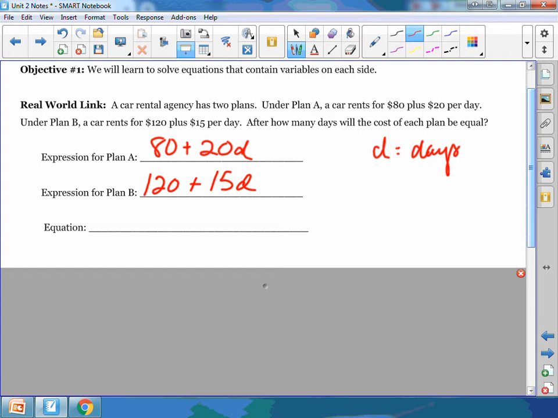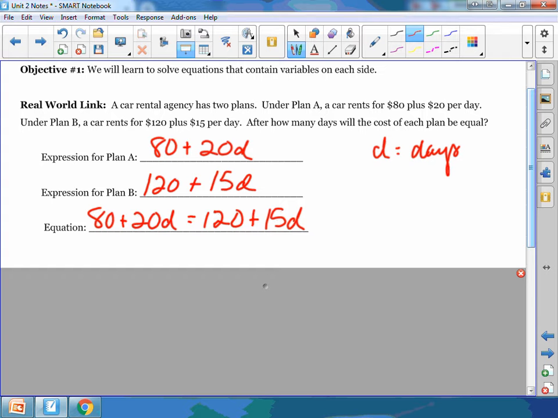Hayden? Well, I'll stop you right there. Let's look at this equation, first of all. So he's saying that this is Plan A on the left.